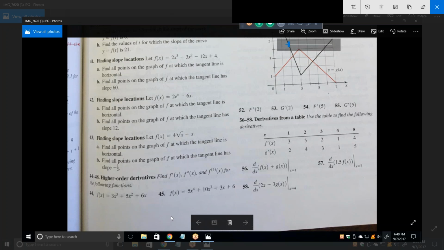Okay, so let's see. We're supposed to do 45. And it wants you to find the first derivative, the second derivative, and the third derivative for 45. Okay, much easier than you think. What's the first derivative?